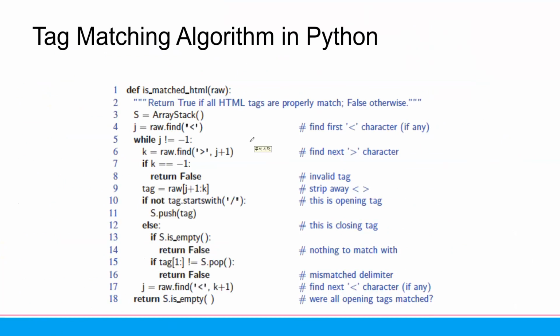For example, in the HTML, we use this triangle bracket, for example, body, and then at the end we need to close it with the slash body.